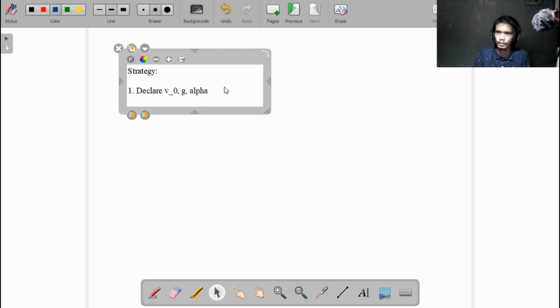Okay, so it is always very nice to use this method first before going into MATLAB, para alam natin kung ano yung magiging workflow ng ating gawa.